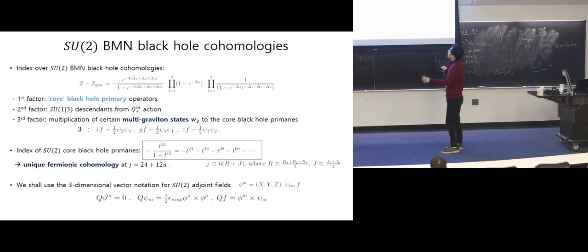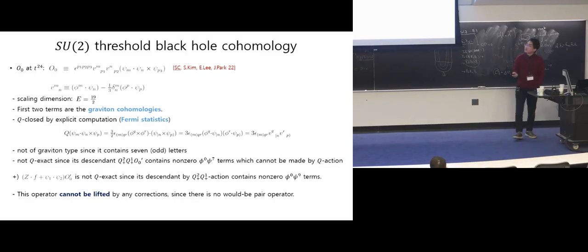In order to construct new operators, we shall use 3-dimensional vector notation for SU2 adjoint fields, and this is the expression. At charge level 24, we found this operator to be the fortuitous operator. Here, V is nothing but the graviton operators, which we know very well.